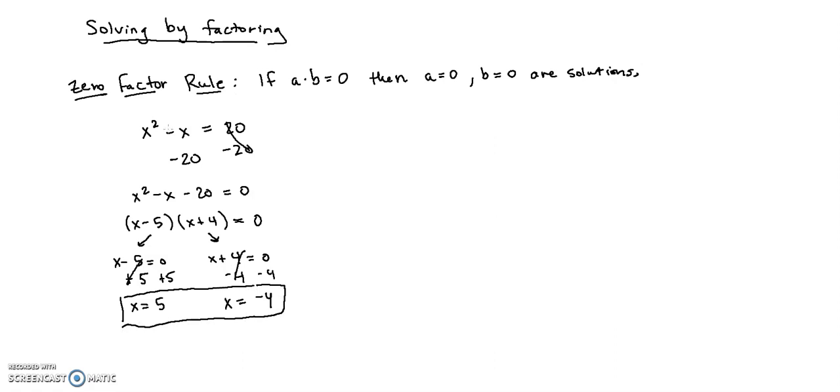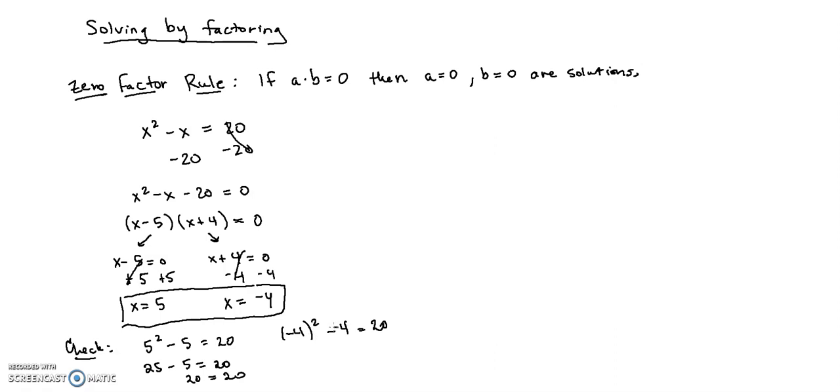If you come back up to the original equation, you can always check these. So for example, if I plug in 5, I would get 5 squared minus 5 equals 20. That would be 25 minus 5 equals 20, and that's definitely true. And then if I check -4, -4 squared minus -4 equals 20.